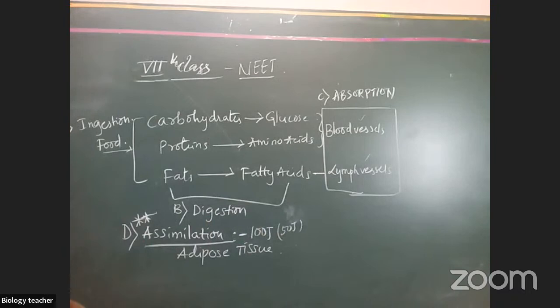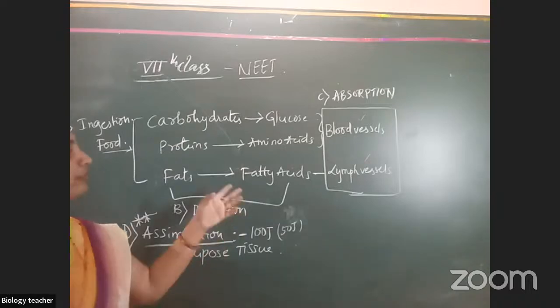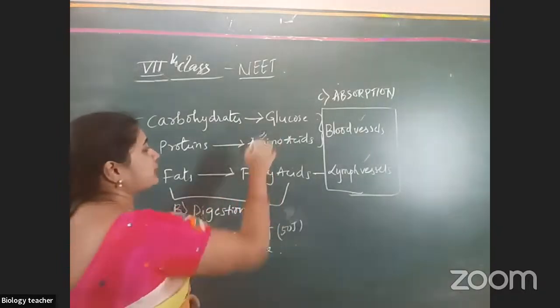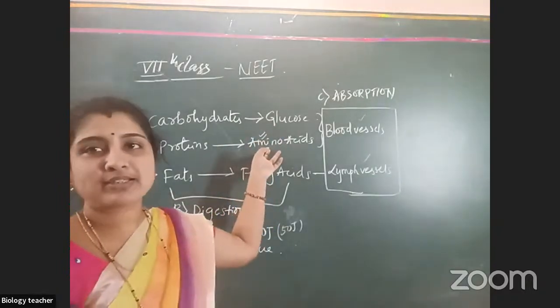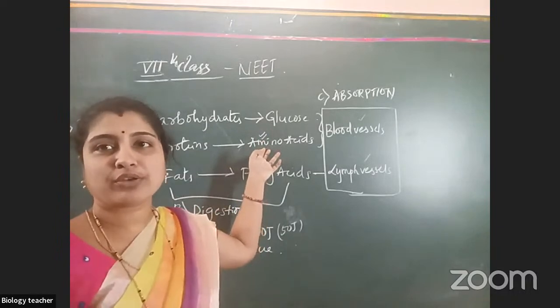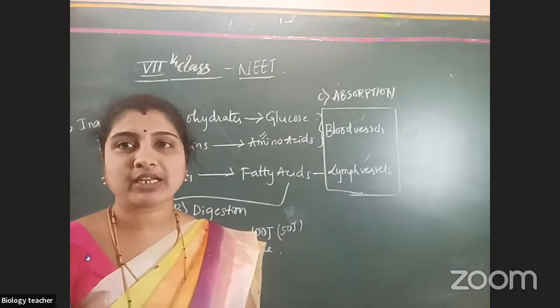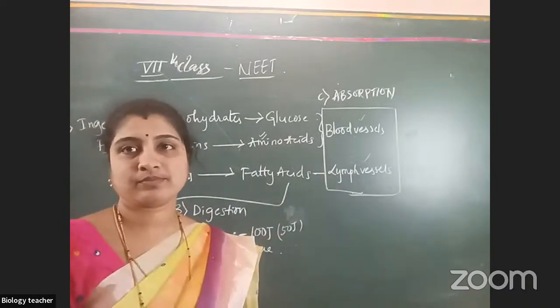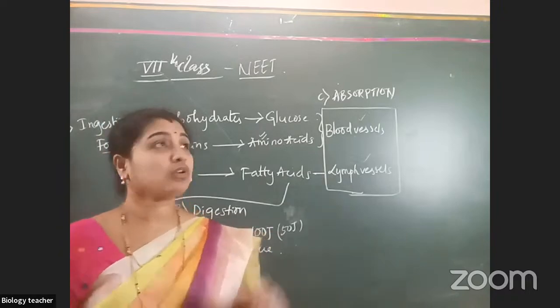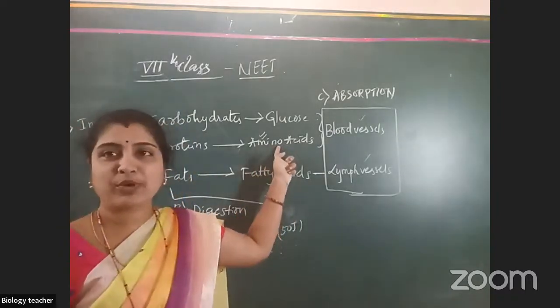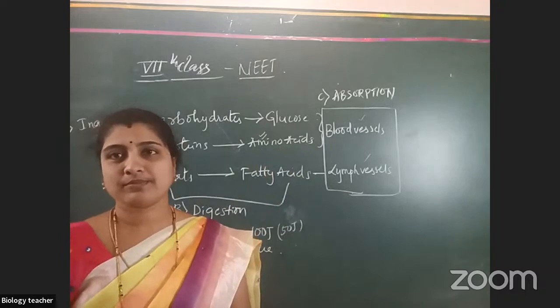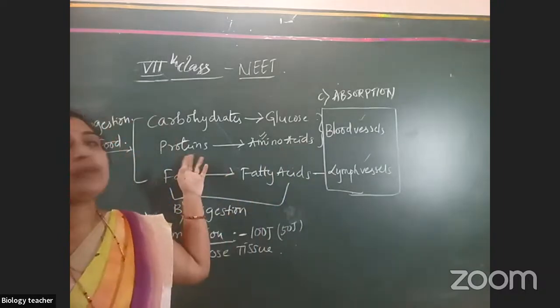Next, after that, egestion. And if extra amino acids are produced and are not used, then the amino acid is changed into urea, mixed with water, and goes out in the form of urine. Understand?